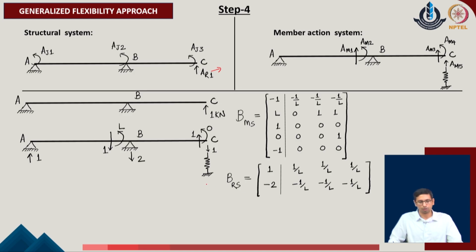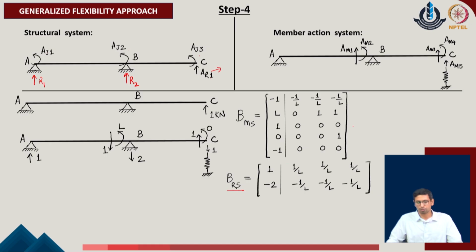In the same manner, we can also evaluate the reactions of the given system. So, we have identified that there are 2 reactions R1 and R2 in the overall structural system of the problem. With respect to release of each of these components of the structural action forces, we will also evaluate the reactions R1 and R2, and that is connected by the B of R s matrix of the given system.